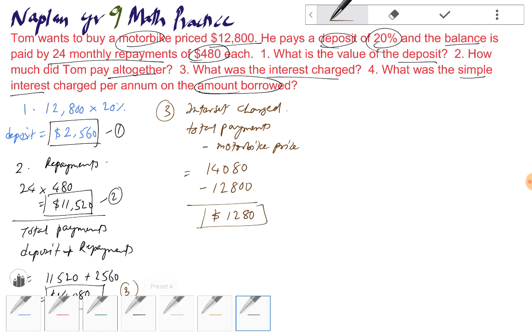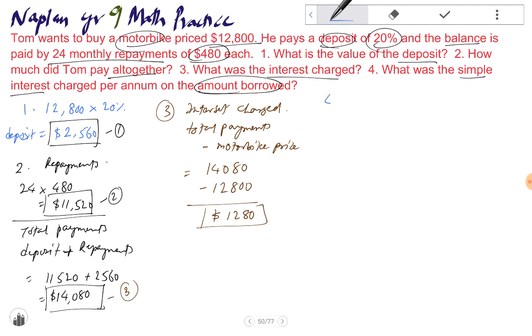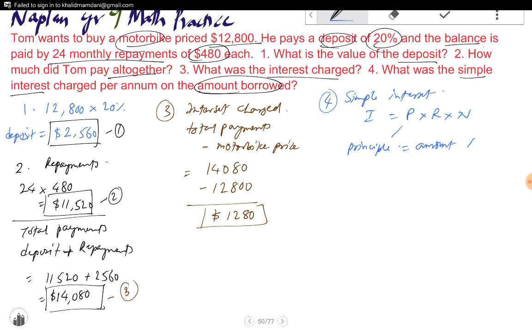Now let's look at number 4, which is the calculation of simple interest. We know the formula for simple interest is I equals P times R times N. P is the principal. In this case, they want to know the actual amount borrowed.